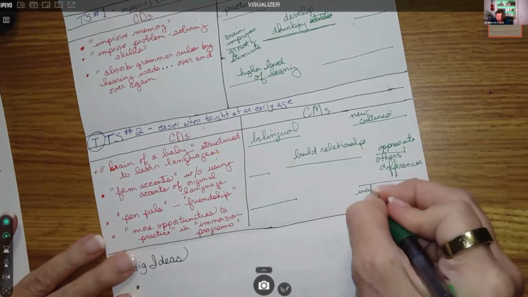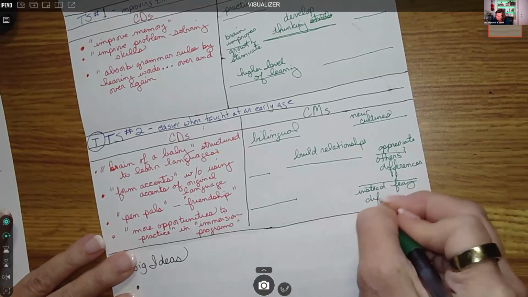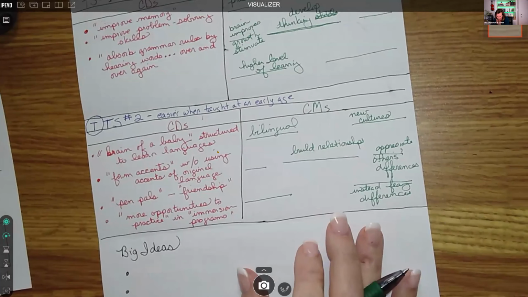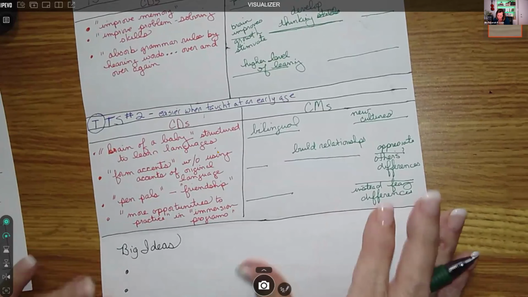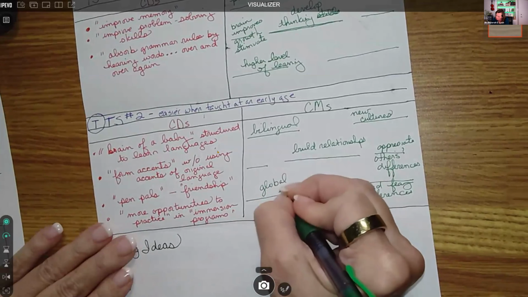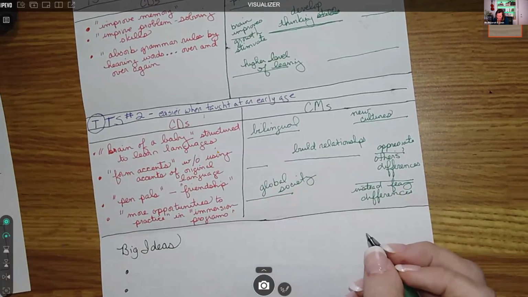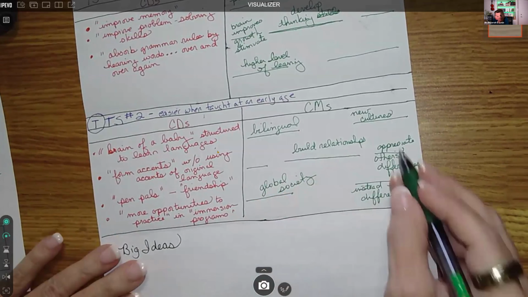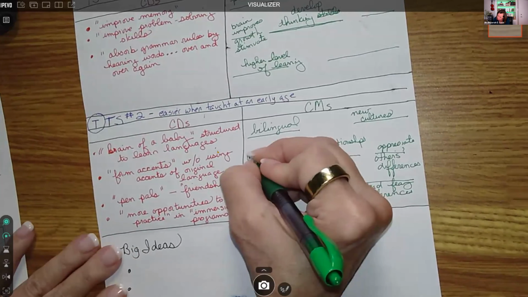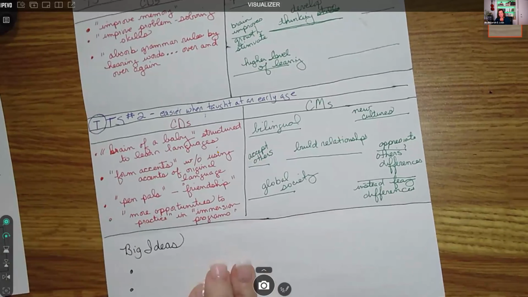Instead of fearing differences, right? That's what I'm thinking. That's my wiggle if you've taken our class, that's my wiggle. That's what comes to my mind, that it creates, I'm thinking, a global society. They appreciate other people's differences instead of fearing that they accept others, maybe. And that's what I think about here.